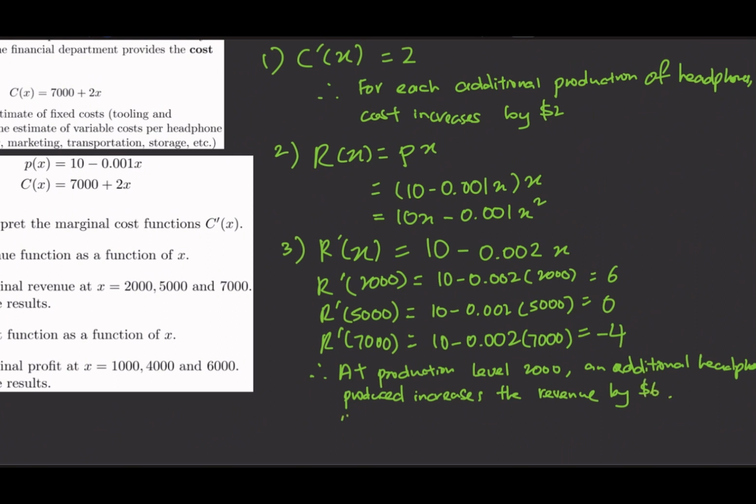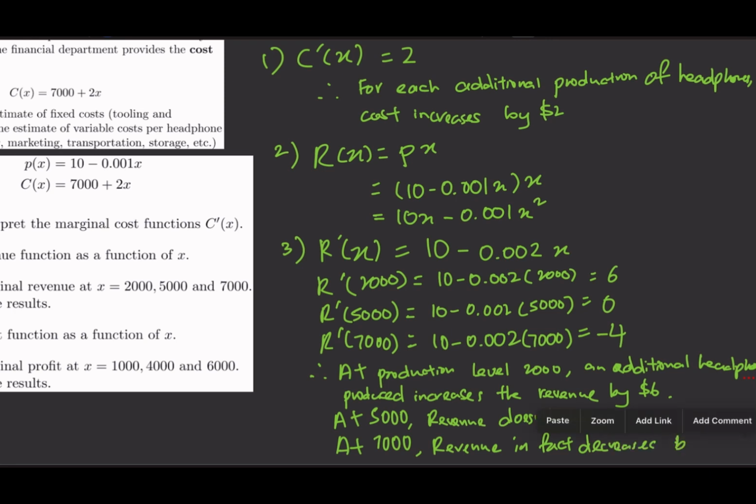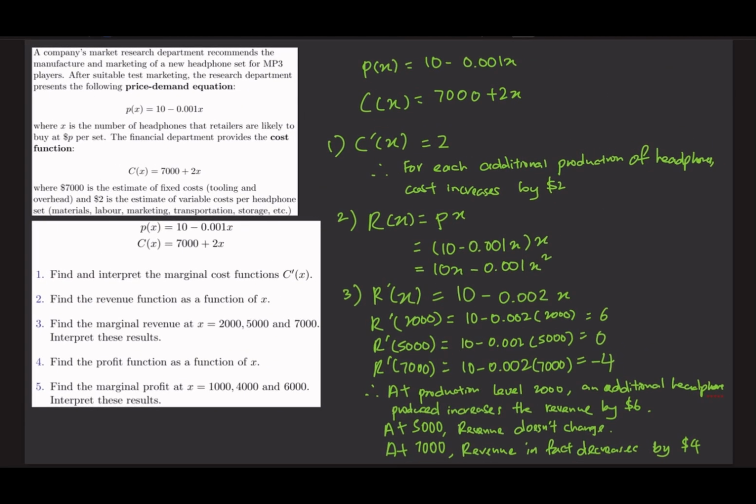And the same for 5,000, it doesn't change. At 5,000 revenue doesn't change. At 7,000 revenue in fact decreases by $4 for each additional unit produced.